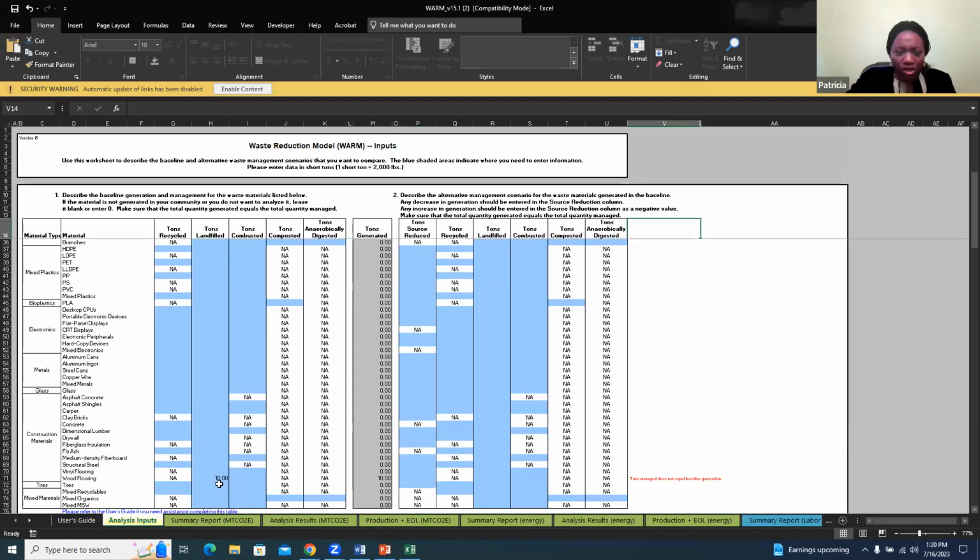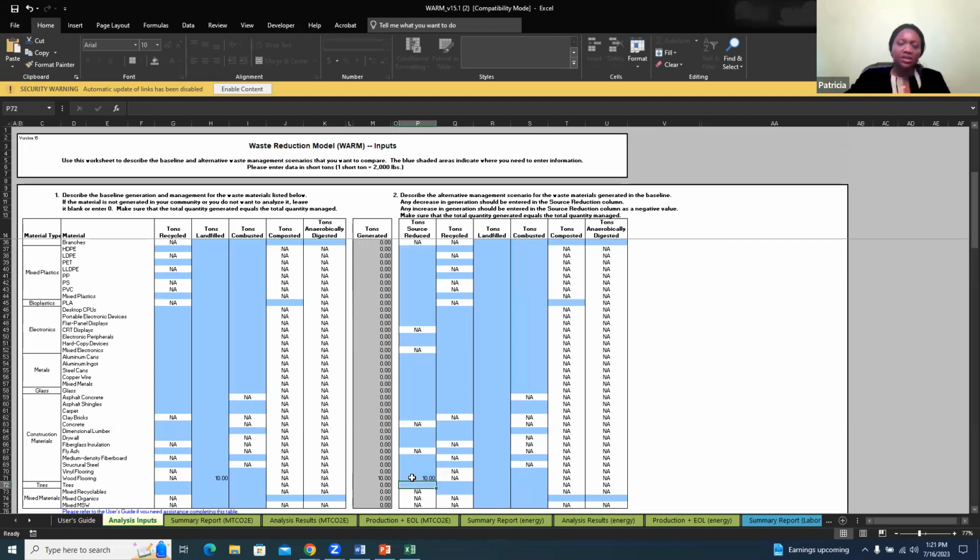And then coming to the alternative scenario, we're saying tons reduced at source, tons recycled, tons landfill. So let's keep this simple and put in the 10 here. I want to make sure I'm in the right space. This is tires. Okay, wood flooring. Yeah, so we're reducing at source, we say 10 here, and then enter.